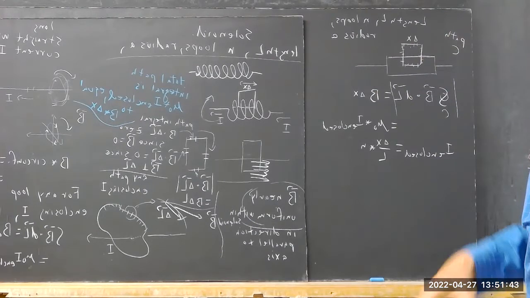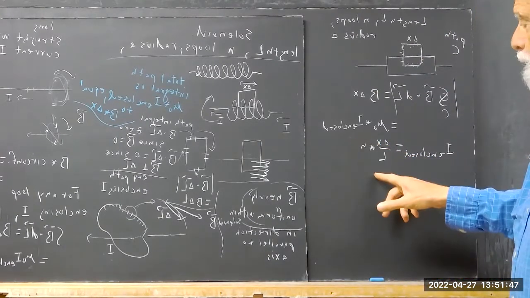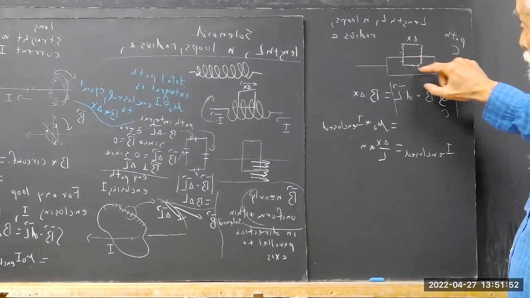There are many ways to look at this. You set up proportionality, right? If you've got N per unit length, then you multiply by the length, which is delta x, the length of the segment here.